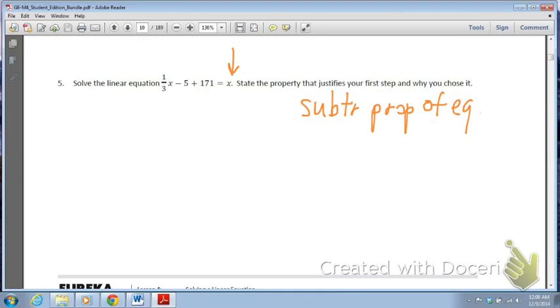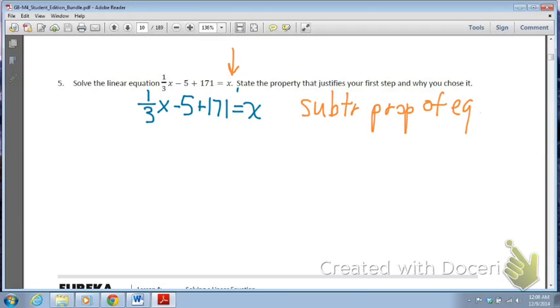Okay, so let's write our equation. We've got 1/3 x minus 5 plus 171 is equal to x.